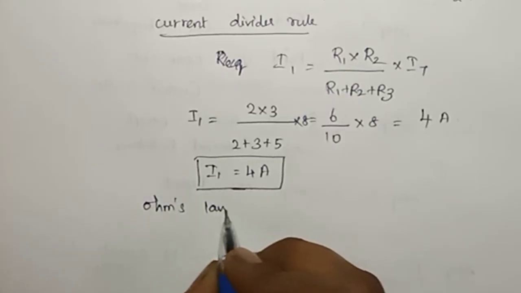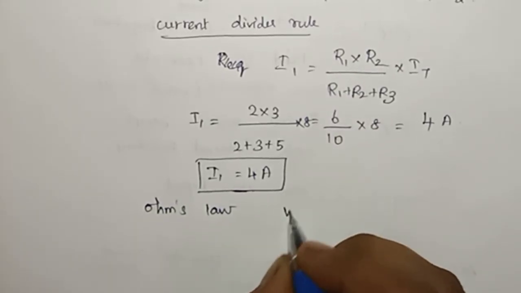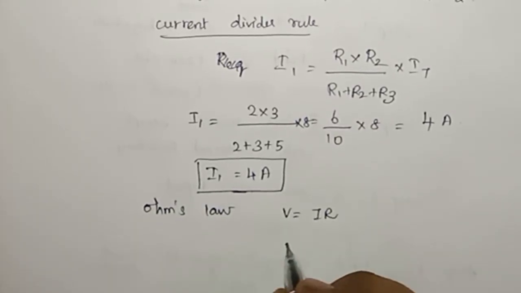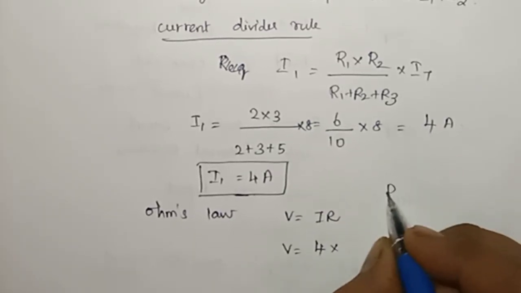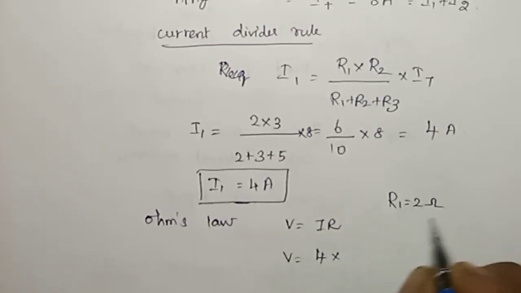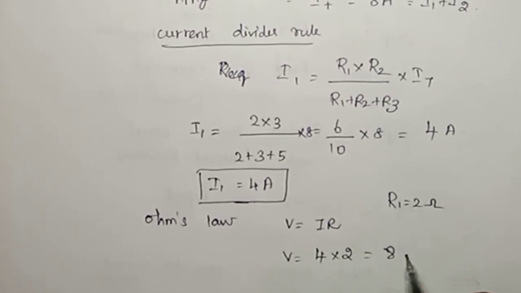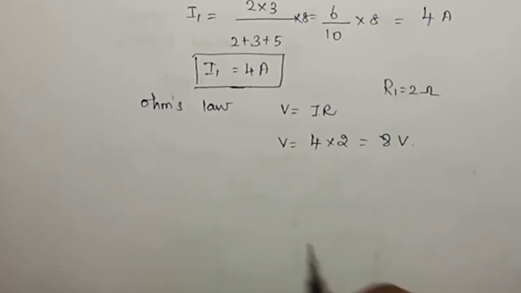Next, we know Ohm's law, V equal to IR. What is the voltage we have to find? I is 4 amps and the R1 value is 2 ohms. 4 into 2, 8 volt.